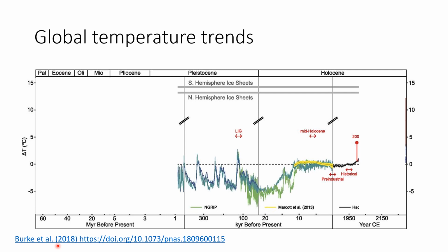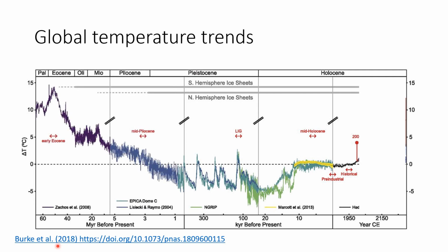But we can go further back in time again and go back to 60 million years here, and hopefully you can see when we get back beyond our ice cores, we see a much warmer world, values of above the modern values by 5 million years ago, by maybe 5 degrees warmer globally by 20 million years ago, and then possibly as much as 10 to 15 degrees warmer 50 to 60 million years ago. And this is driven and linked very closely to those changes we see in CO2.